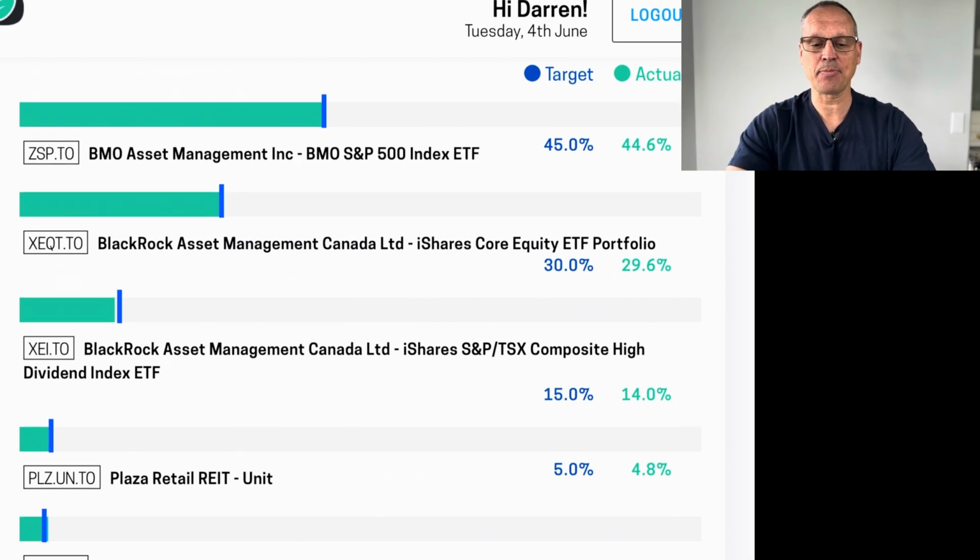So we have ZSP, which is the S&P 500. It's a BMO product, similar to VFV or VU that I showed you in the last account. I am putting XEQT, the all-in-one, into this account. And then XEI, this is a high dividend ETF. This is a monthly payer.